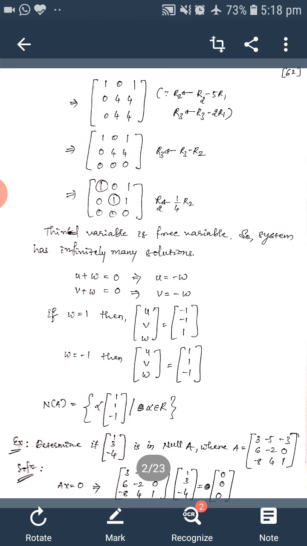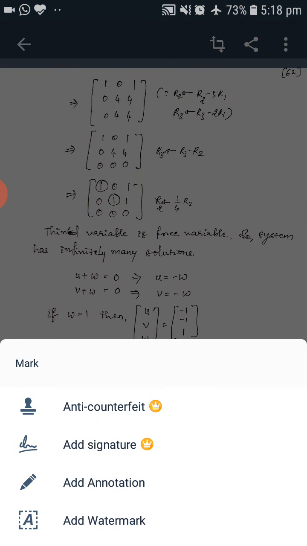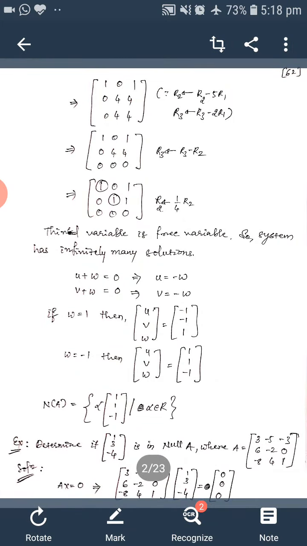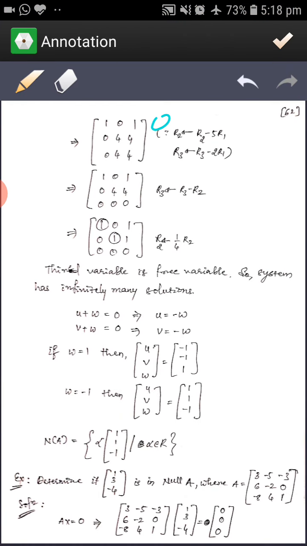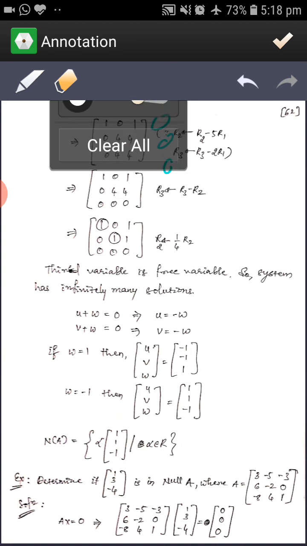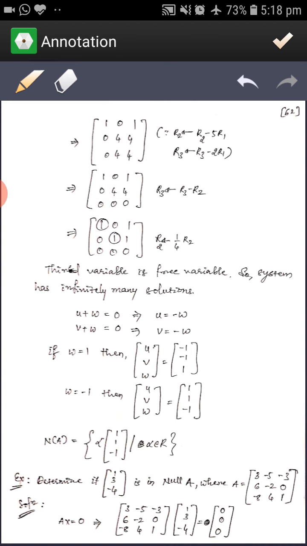Take the matrix as an augmented matrix, where we can include 0 0 0 since Ax equal to 0, or we can leave it as it is, considering it as 0 0 0. Apply the row operations method. Finally, after the reduction, we get this matrix.